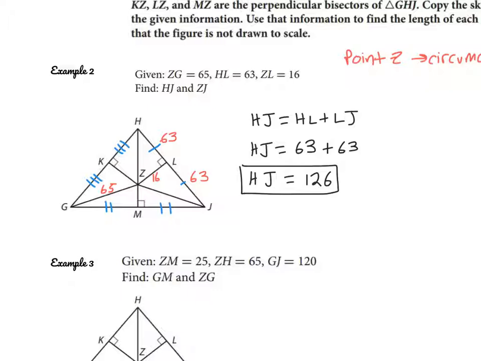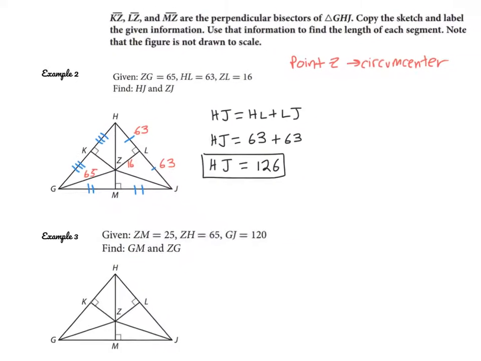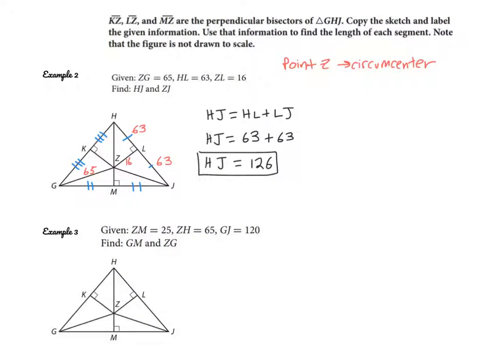The next thing they would like us to find is ZJ. Well, we see that ZJ is the distance from the point Z, which is the circumcenter, to a vertex. Using the circumcenter theorem, we know that this distance is congruent to this distance, which is also congruent to this distance. So the circumcenter theorem tells us that GZ is congruent to HZ, which is also congruent to JZ.